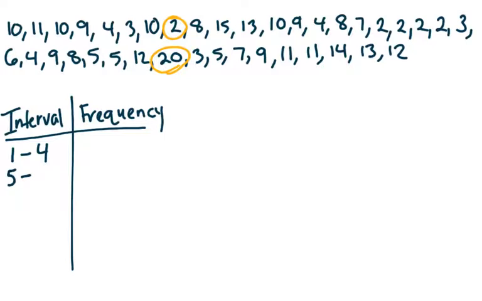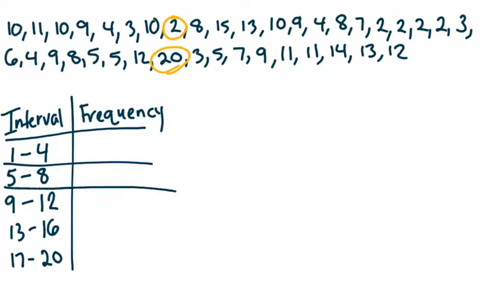Then from 5, so 5, 6, 7, 8, another 4 numbers in my interval. 9, 10, 11, 12. 13, 14, 15, 16. 17, 18, 19, 20. So those are my intervals. Now every time I find a number in those intervals, I'm going to mark it off and draw a tally.